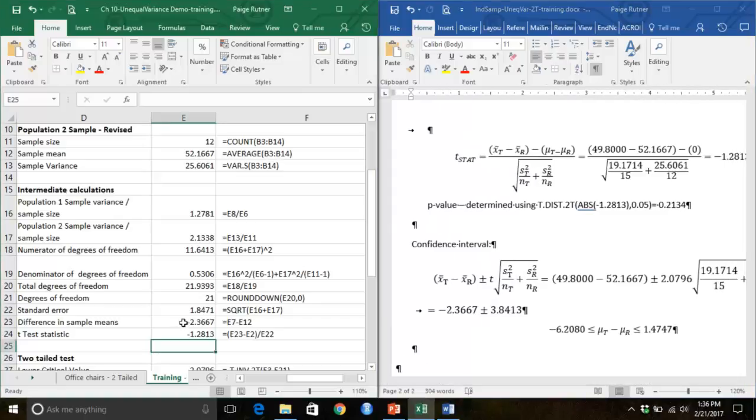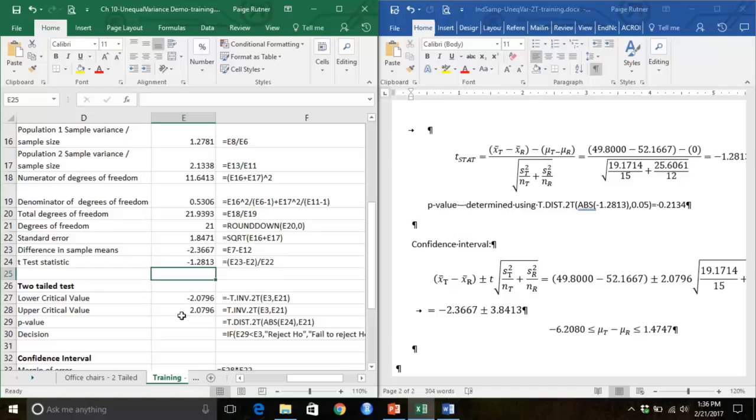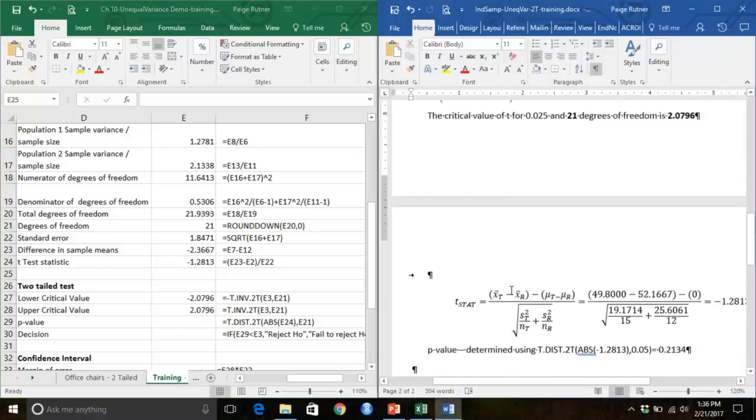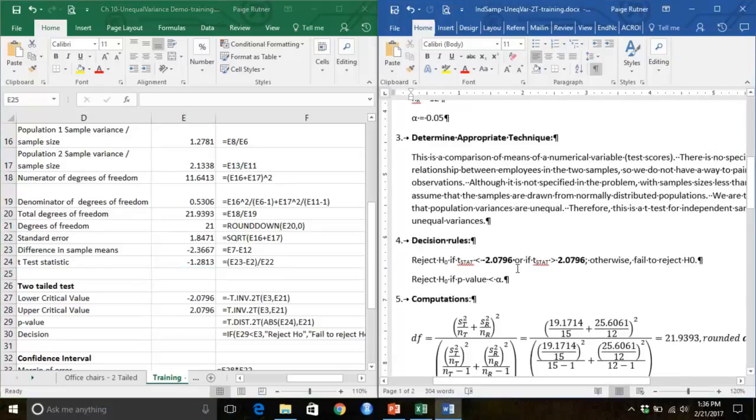At this point, I have enough information to make a decision. Recall that our rejection rule said that we were going to reject the null hypothesis either if we get a test statistic less than minus 2.0796 or greater than positive 2.0796. Minus 1.283 actually falls in between those numbers, not greater than or less than, and so we are going to fail to reject the null hypothesis.